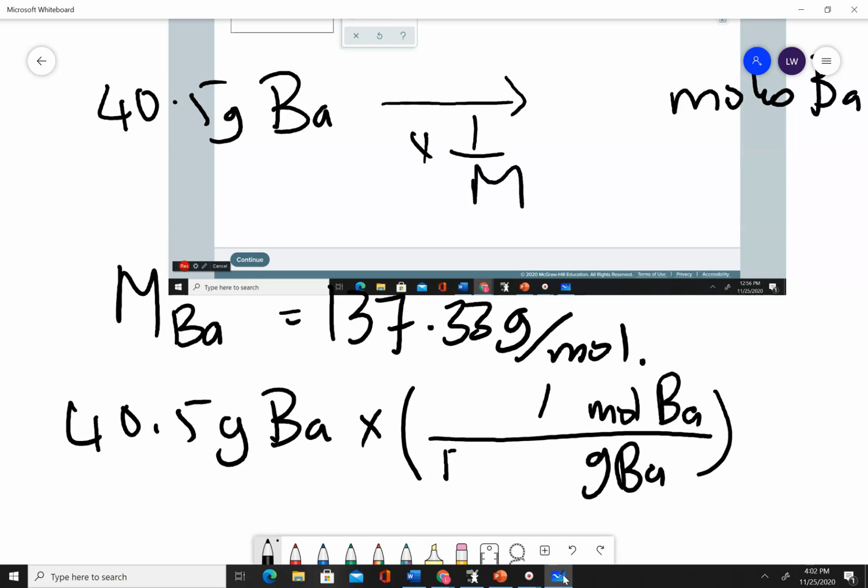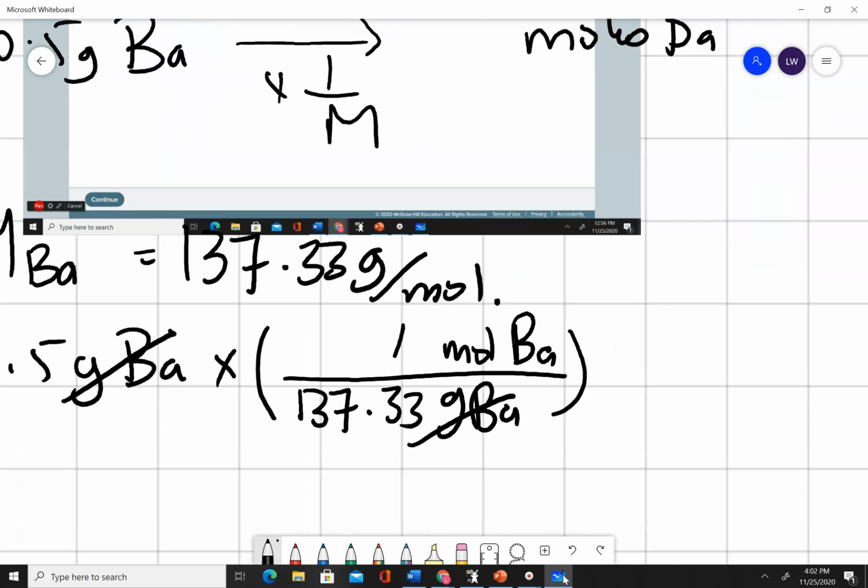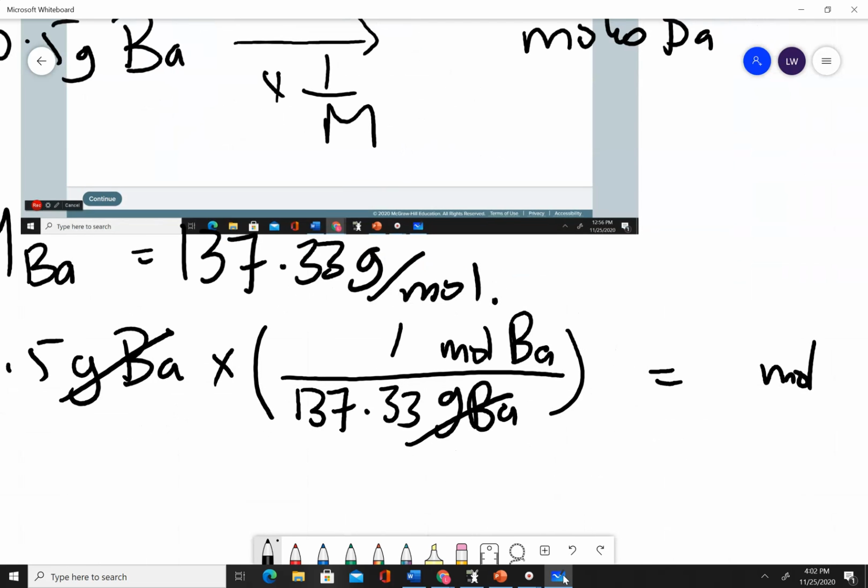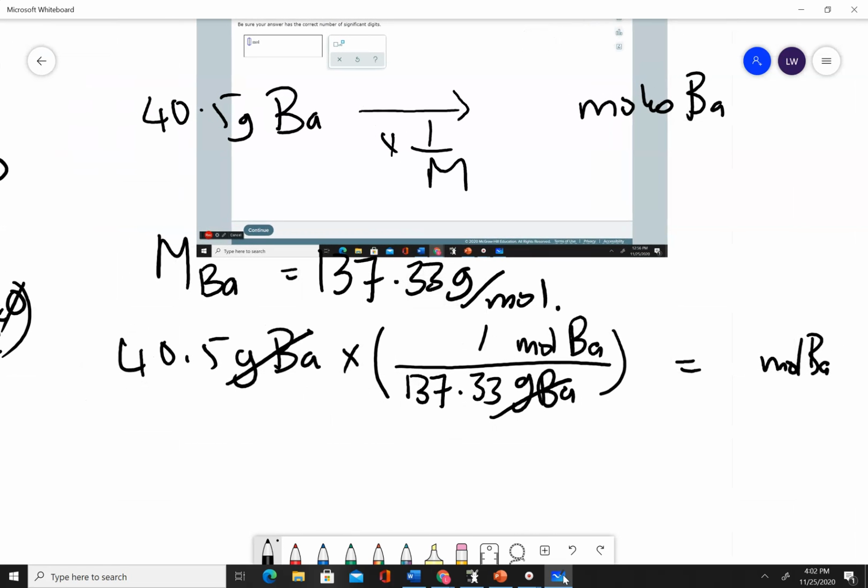In 1 mole, we've got 137.33 grams of barium. Grams of barium cancel out, leaving us with moles of barium. Now, how many sig figs are we going to have? The 40.5 is 3 sig figs. The 137.33 is 5 sig figs. So our answer needs to be 3 sig figs.